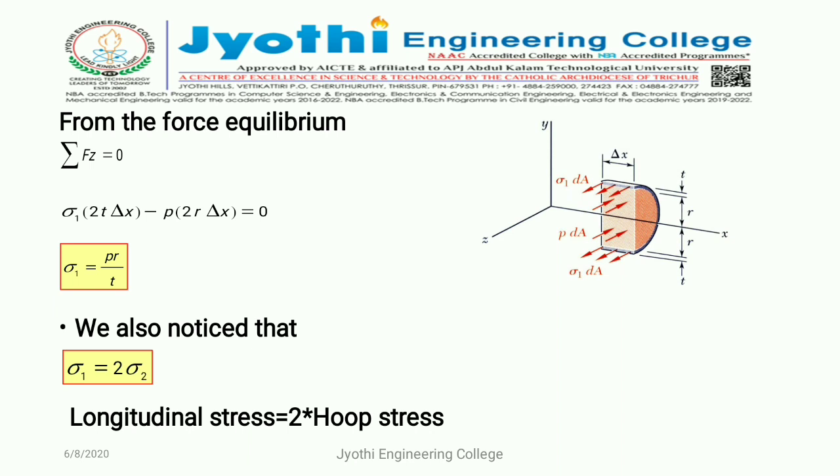Therefore, sum of forces is equal to 0. That means sigma 1 into 2T delta x minus P into 2R delta x is equal to 0. That means stress sigma 1 is equal to PR by T. Therefore, circumferential or hoop stress is equal to PR by T.